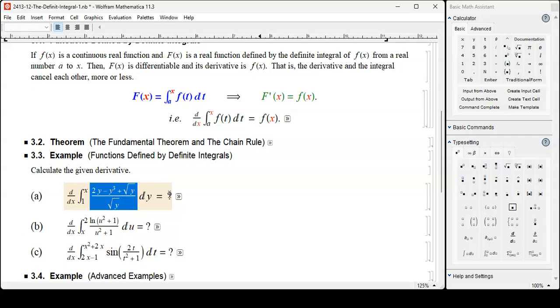We must have the same function back. But there's a catch. Not the dummy variable. We need the original variable x again. Of course, if this is z or u or something different, then those will have to change accordingly.